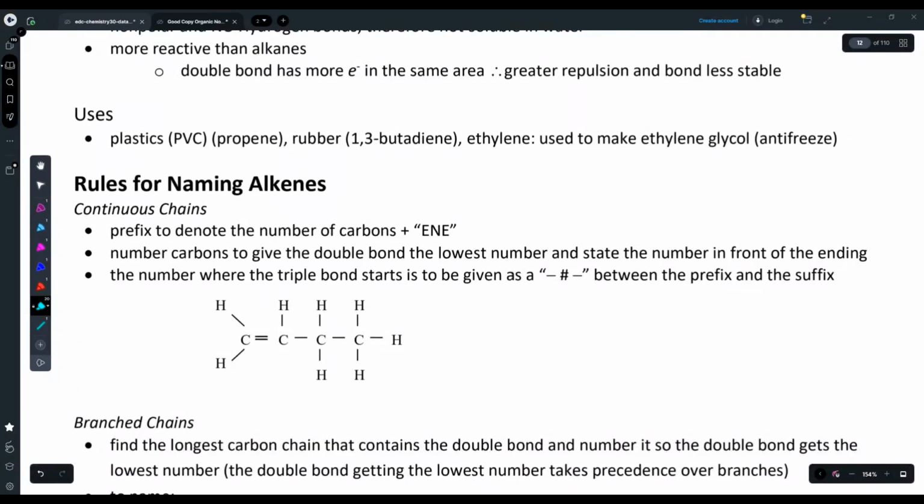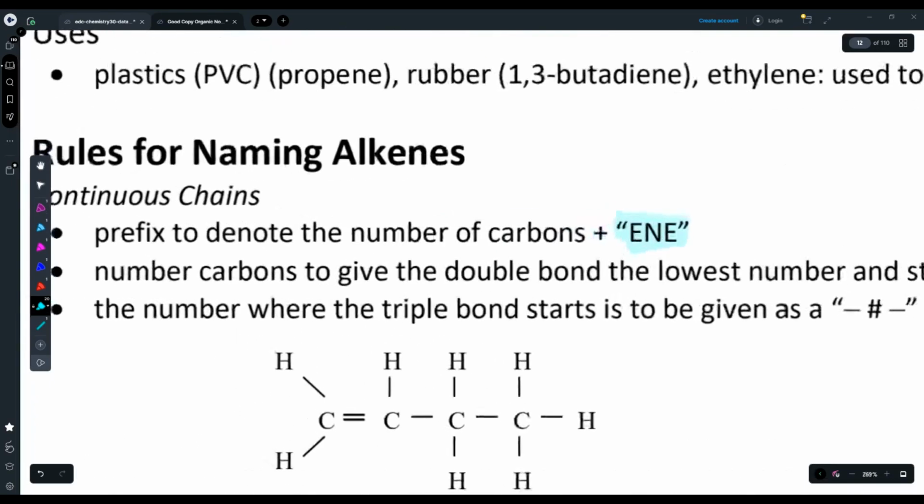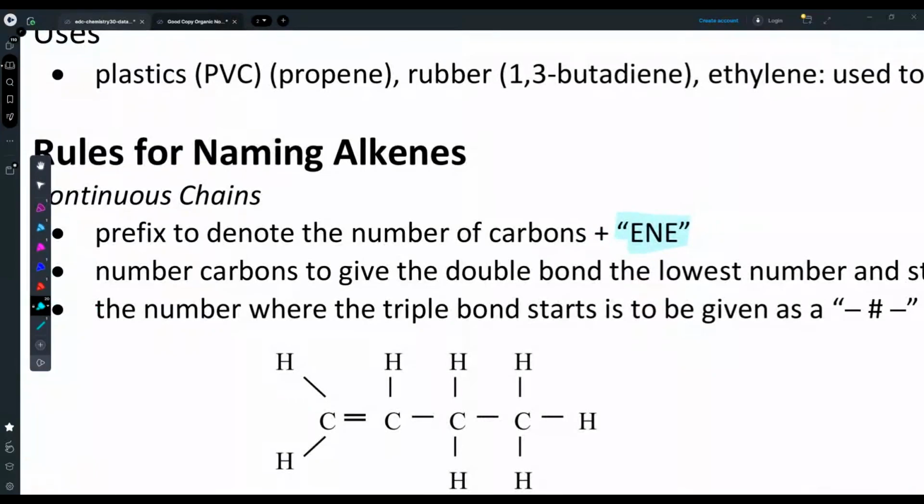Some naming rules for alkenes: for continuous chains, so that means you don't have any branches, you need a prefix to denote the number of carbons, and then the last part of your name for your alkene is going to be ene. So the prefix is meth, eth, prop, but, pent, so on and so forth.